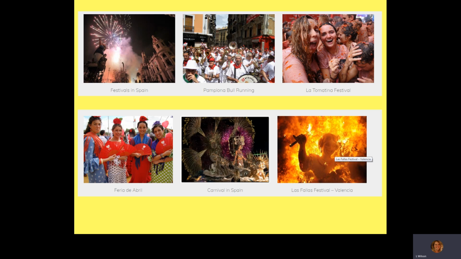And obviously that first one would be fireworks, probably at New Year. And La Tomatina Festival is a tomato throwing festival. Spain is renowned for its parties and celebrations.